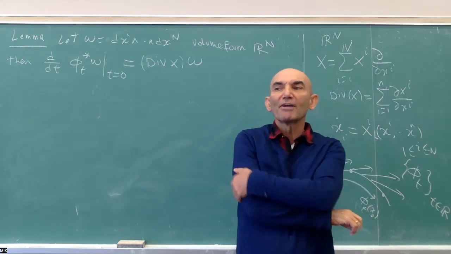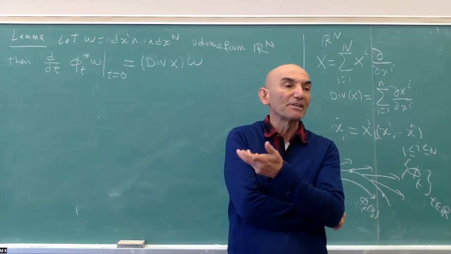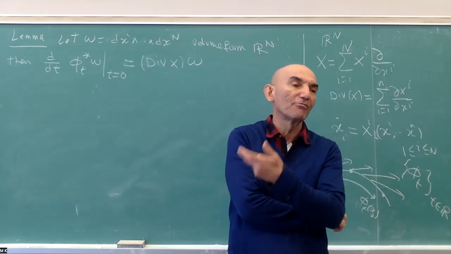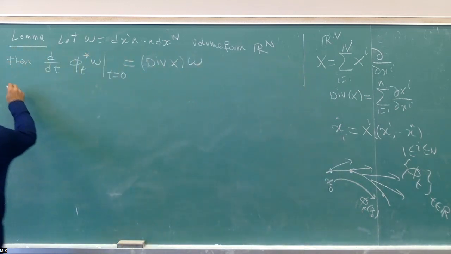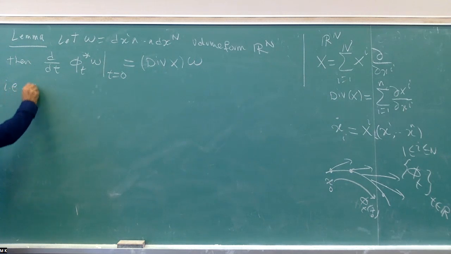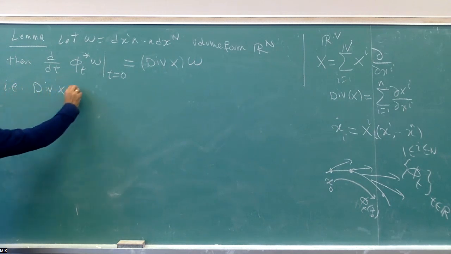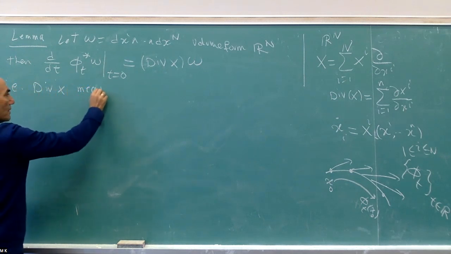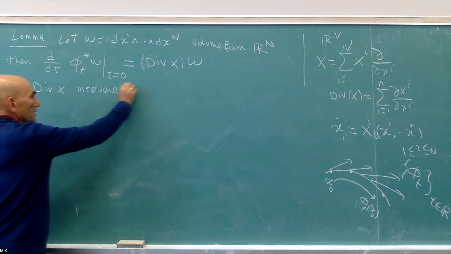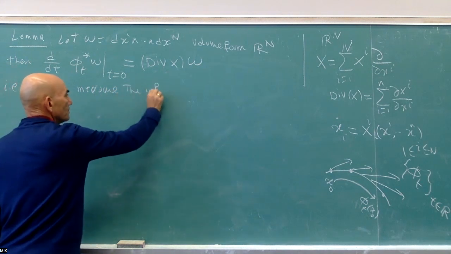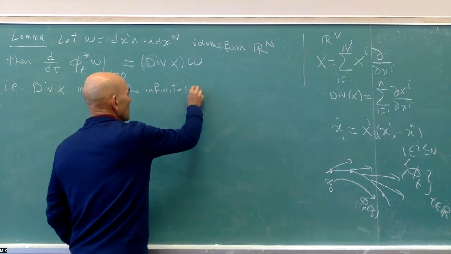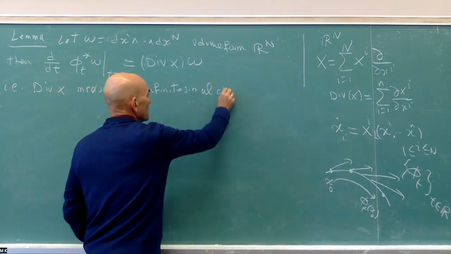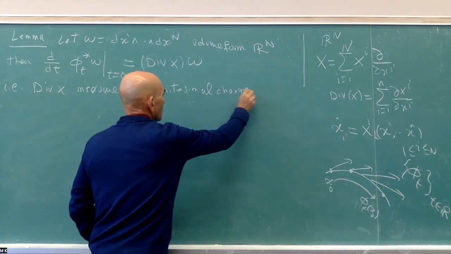So in other words, the divergence of X measures the infinitesimal rate of change of volume.